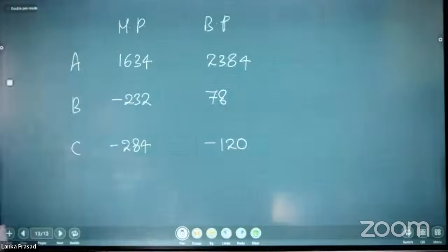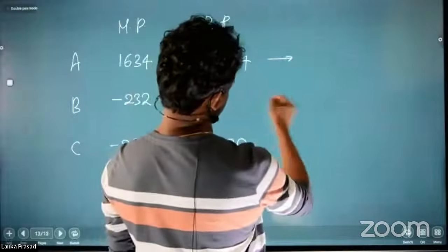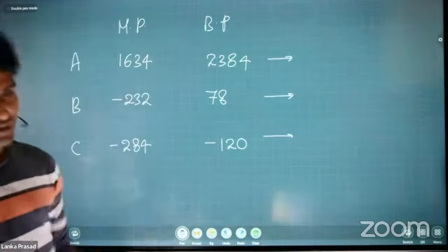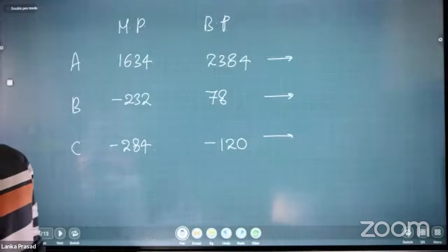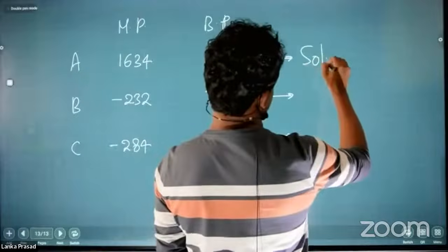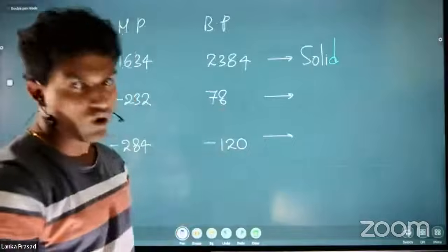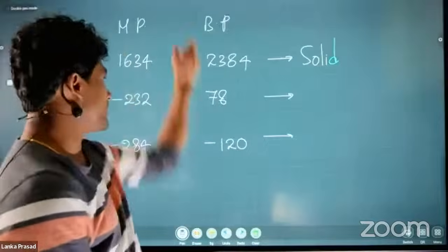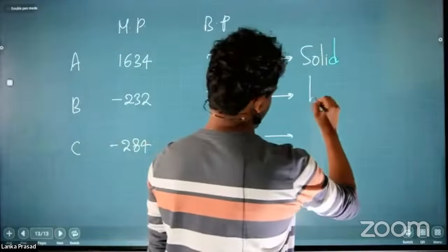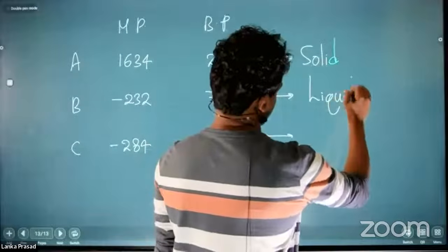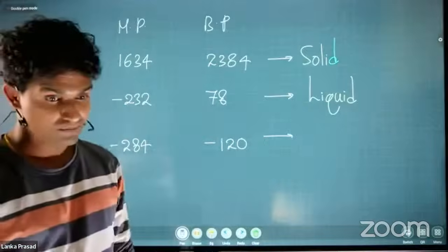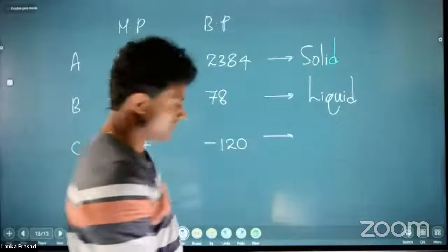You have to say whether it is solid, liquid or gas. If both are positive, it is solid. If the melting point is negative and the boiling point is positive, it is liquid. If both are negative, it is a gas.